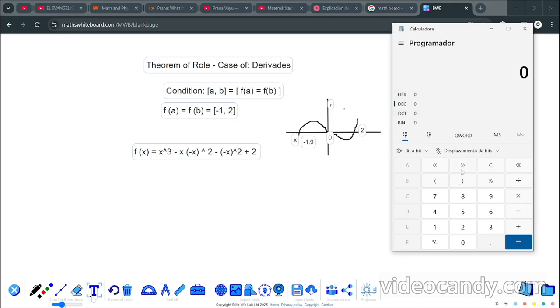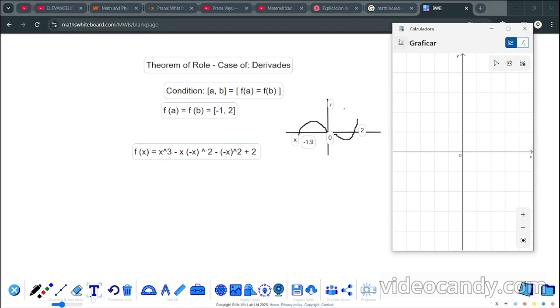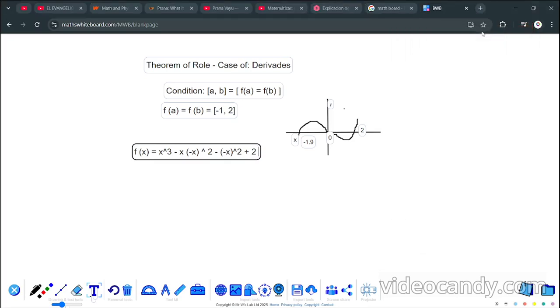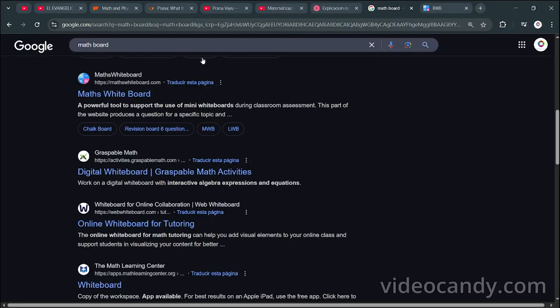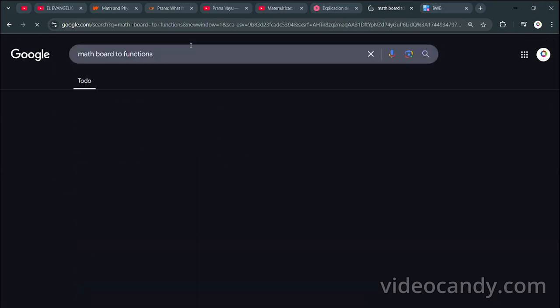And in here, we can put, for example, let's look for must forward two functions, for example.